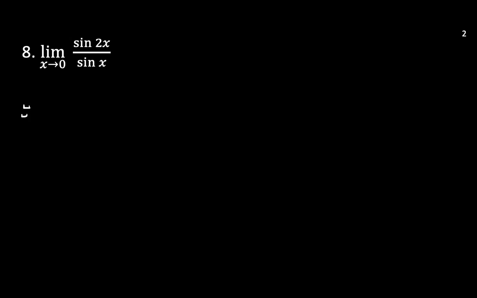Limit of sine 2x over sine x as x approaches 0. In this problem, we can use another identity of sine 2x. Sine 2x is equal to 2 sine x cosine x. How did we get that?